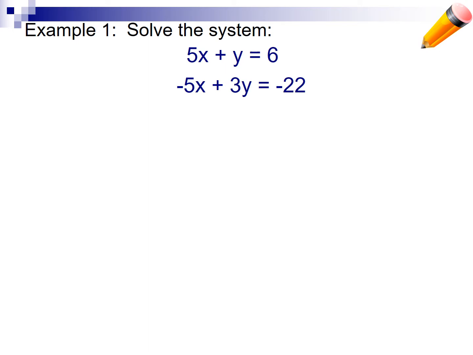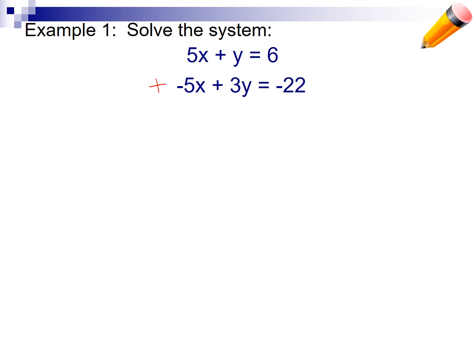So example number one, we need to solve the system. We have the equations 5x plus y is equal to 6 and negative 5x plus 3y is equal to negative 22. Remember, our end goal is to add things together to get one of the variables to eliminate.